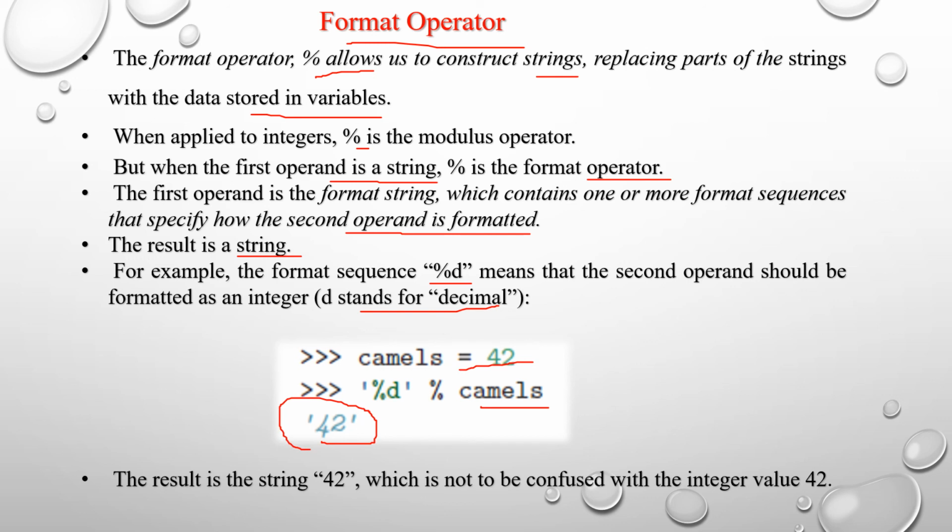The result is the string '42', which is not to be confused with the integer 42. Here 42 is printed with quotes, so the Python interpreter treats it as a string value.